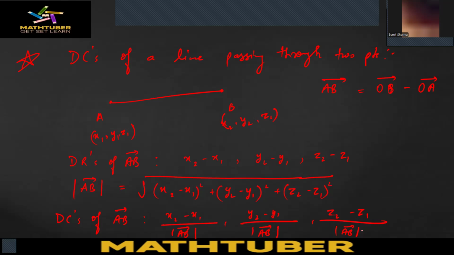Now, if you want to prove that 3 points are collinear, what is the condition for collinearity?